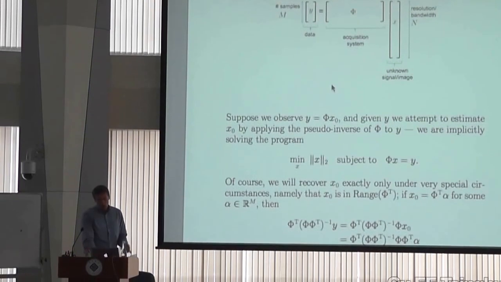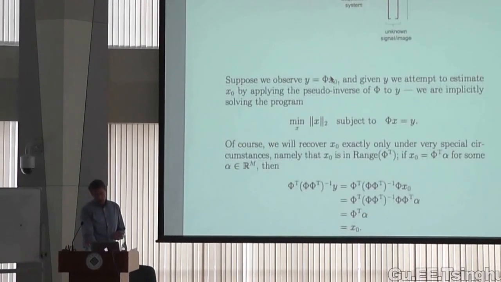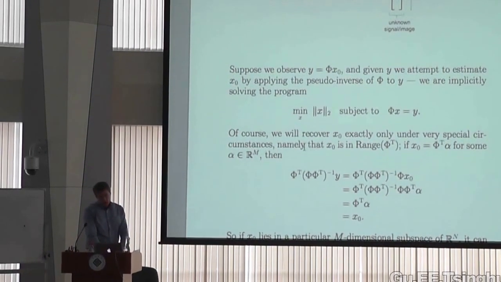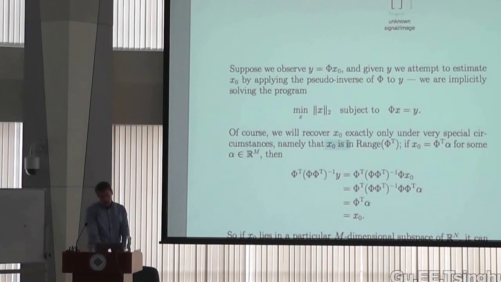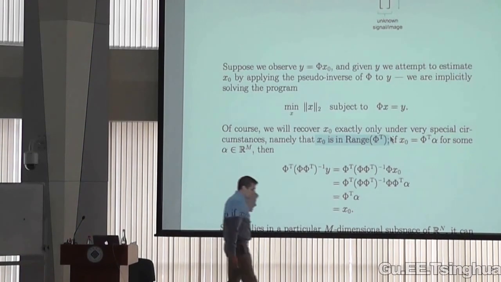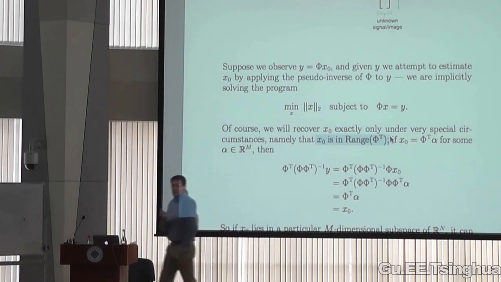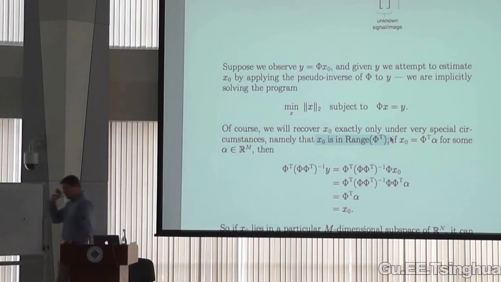So here's a simple one. Let's say that instead of x being sparse, we have a linear model for x. Let's say our model for x is that it's in the row space of phi. So what does that mean? It says let's assume that the thing I don't know is a linear combination of the rows of phi.